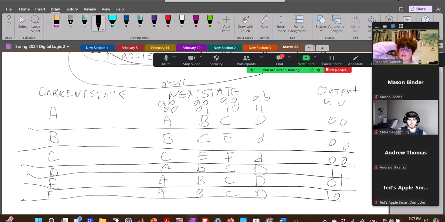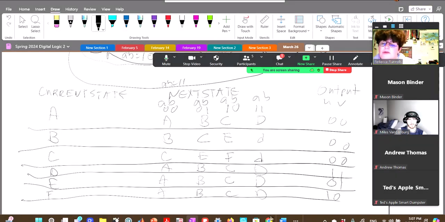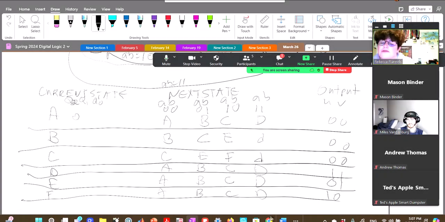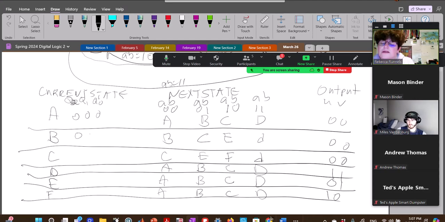Now, if you wanted to do a state assigned table, you do have to have 3 variables. So your program will have to have 3 variables. Let's call them Q2, Q1, and Q0. And you can define them however you want.